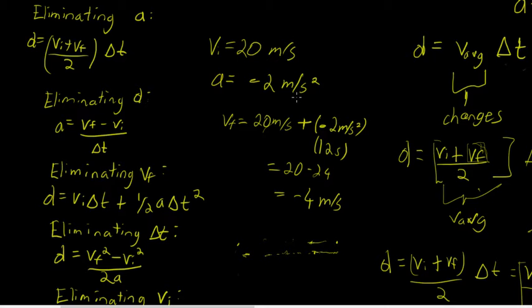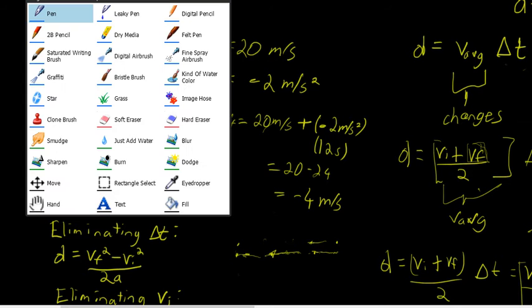Well, then a second later you're going to be going at -2 meters per second, and the second after that you're going to be going at -4 meters per second. Well, that is 4 meters per second in the opposite direction, so you're speeding up. You're going to be speeding up indefinitely, because this acceleration is a constant, -2 meters per second squared. So eventually you're going to get back to where you started.